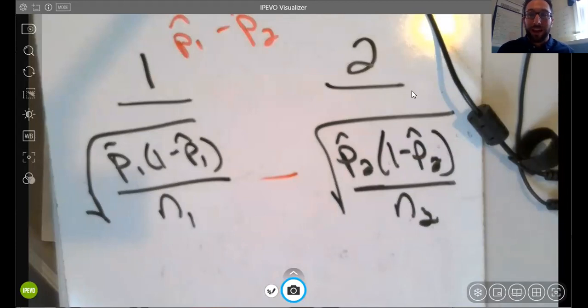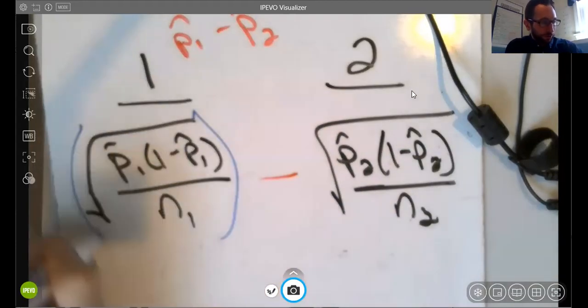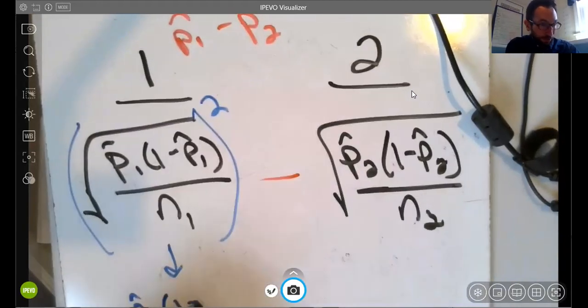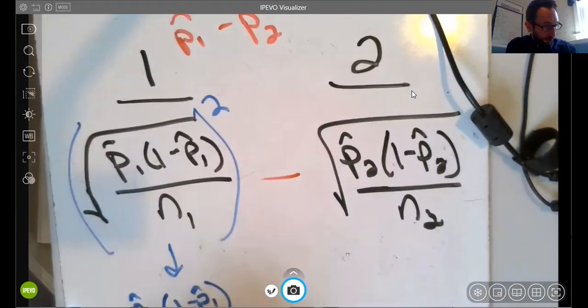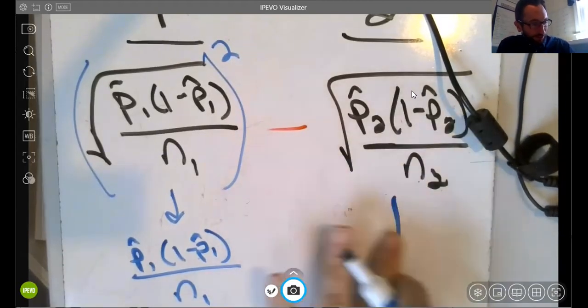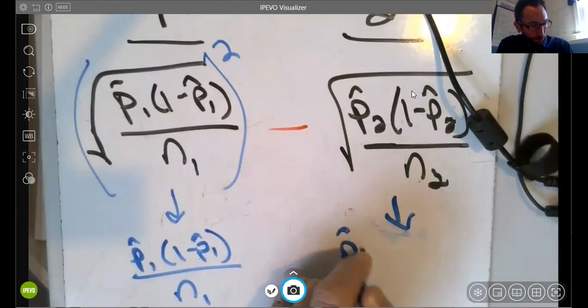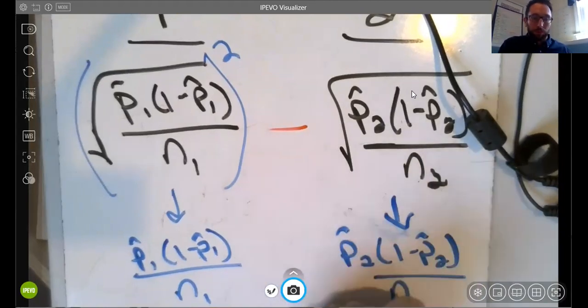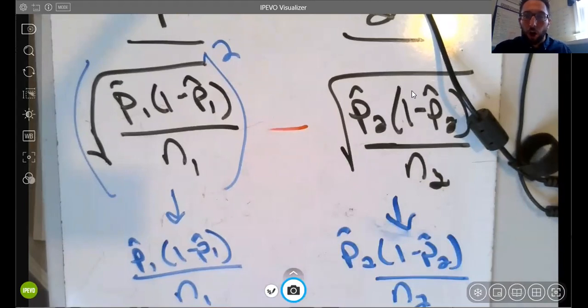Variances always add. Turn that into a variance. Boom. P hat 1 times 1 minus p hat 1 all over n1 just gets rid of the square root. Turn that into a variance: p hat 2 times 1 minus p hat 2 all over n2. Variances always add. Always.